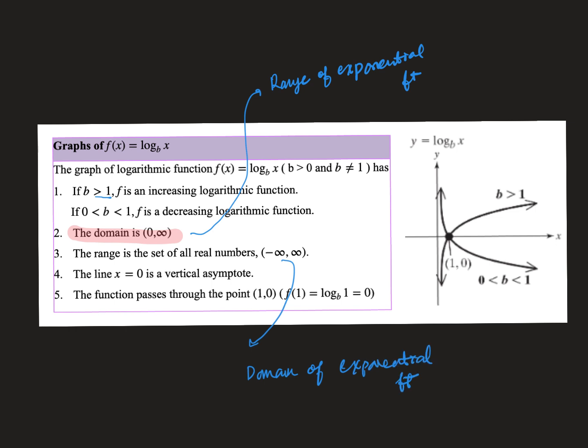So from the graph, you notice the domain and range. The vertical asymptote is the y-axis, that's x equals 0. They pass through the x-intercept (1, 0), guys. That's the characteristic of a logarithmic function.